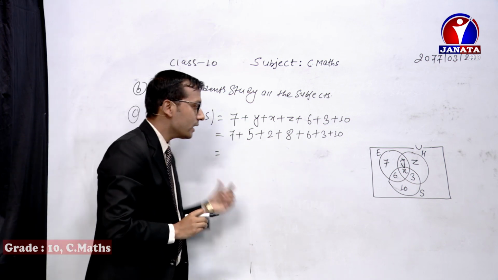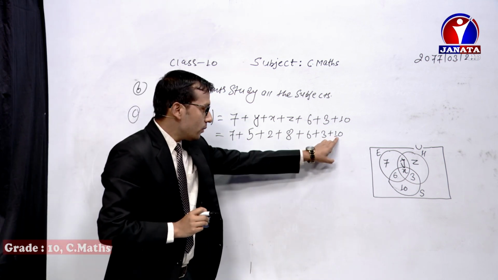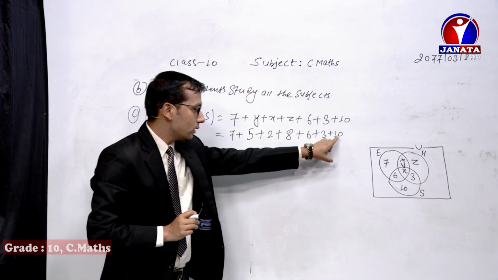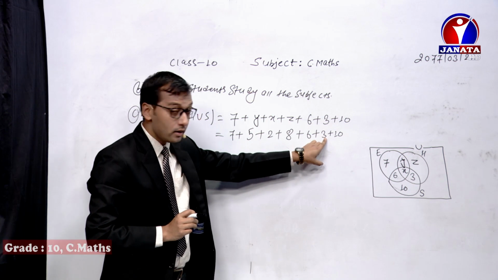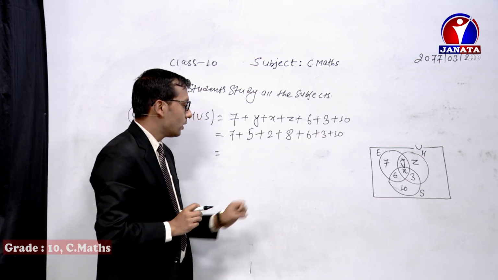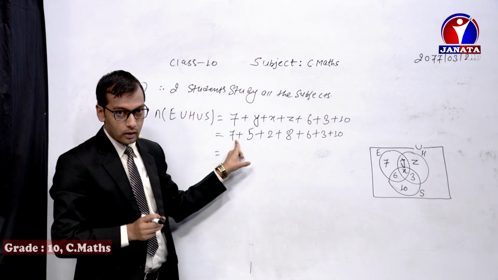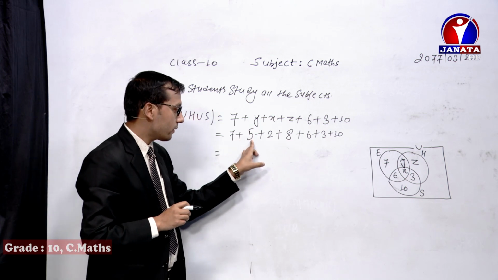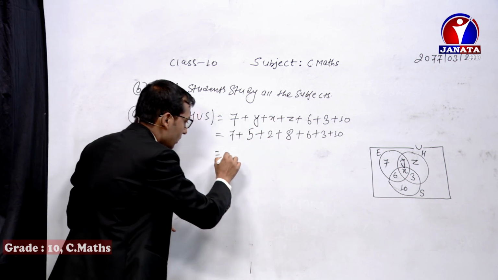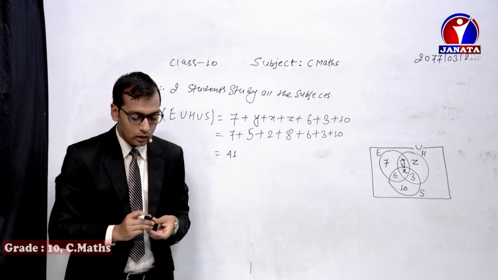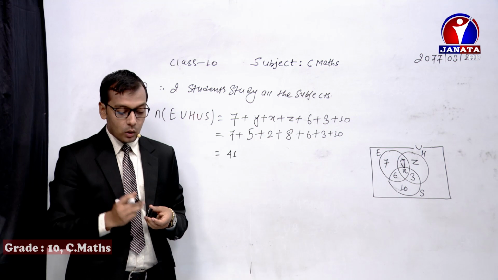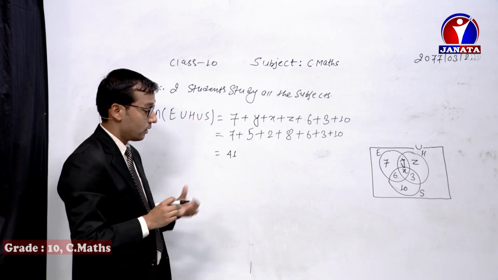So let's add this. 10 plus 3 plus 6, 10 plus 6 is 16, plus 3 is 19, plus 7 is 26, 26 plus 5 plus 2 plus 8 gives 41. So in total there are 41 students in this survey.